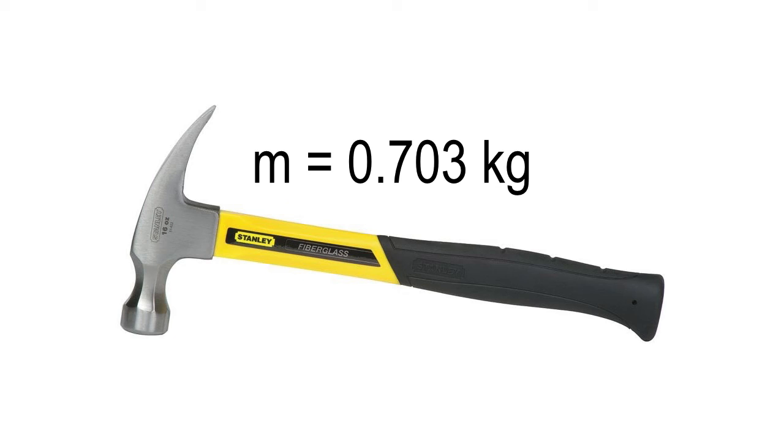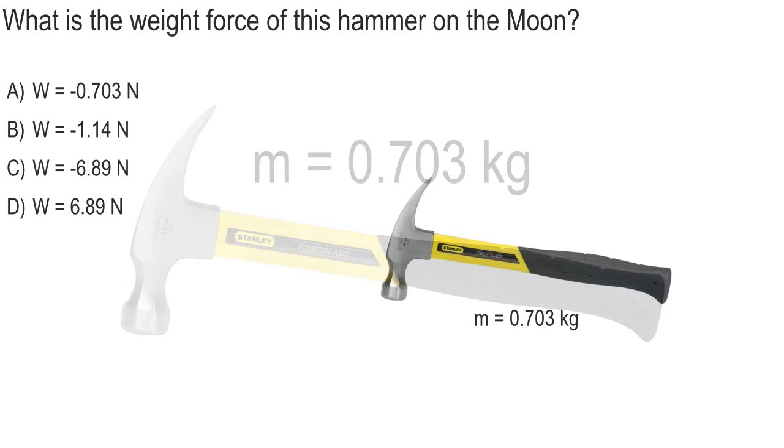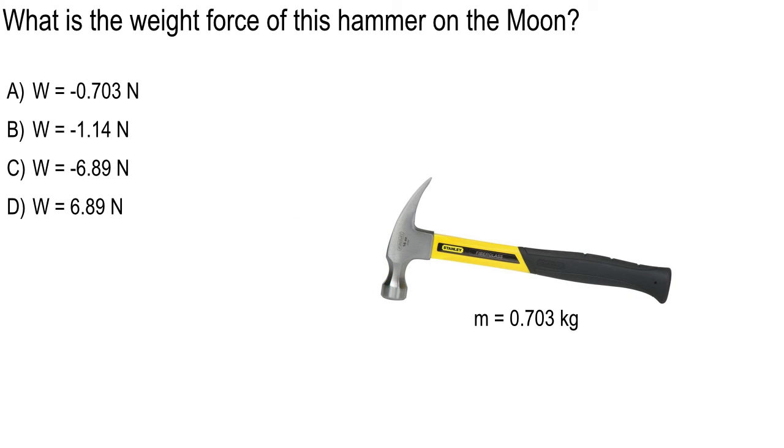All right, we're dropping a hammer on the moon, and I just looked up a typical hammer from Stanley, and it had a mass of 0.703 kilograms. Okay, nice. So that's the one we're going to pretend that we're dropping on the moon. So the first question, basic principles. What is the weight force of this hammer on the moon? 1.62 times 0.703.